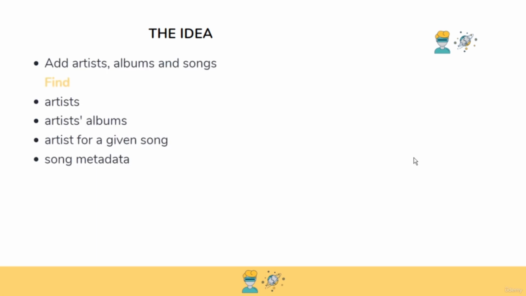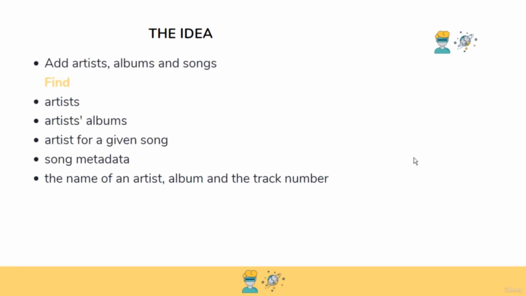The idea of the app is to make operations with our database and provide the results: add artists, albums, and songs to our database, find the artists, find the artists' albums, find the artist for a given song that we tell our application to give us, find the song metadata or additional information, find the name of an artist, album, and the track number for a song.